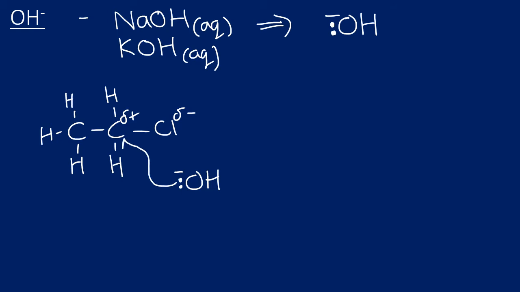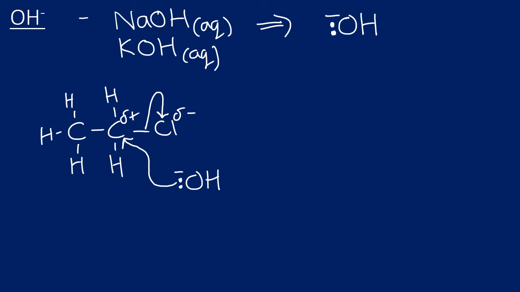There is no mistaking that my curly arrow goes from the lone pair of electrons to the carbon atom. And what happens next is the bond between the C and the Cl breaks, so it goes from the bond to the Cl. So we've got the movement of 2 pairs of electrons in this mechanism.